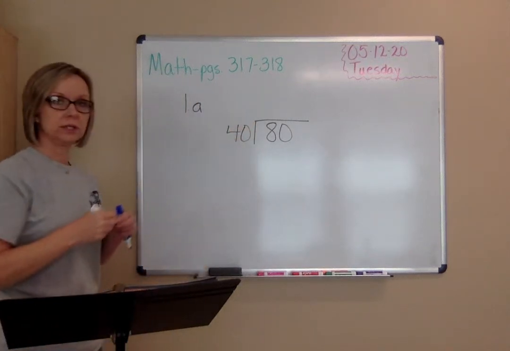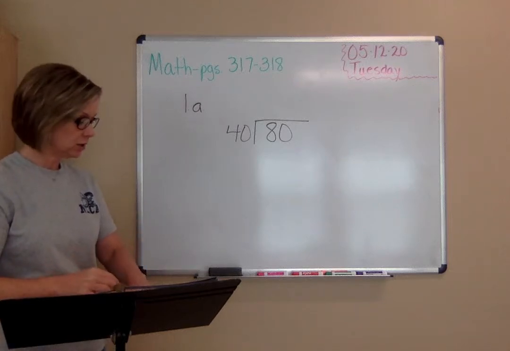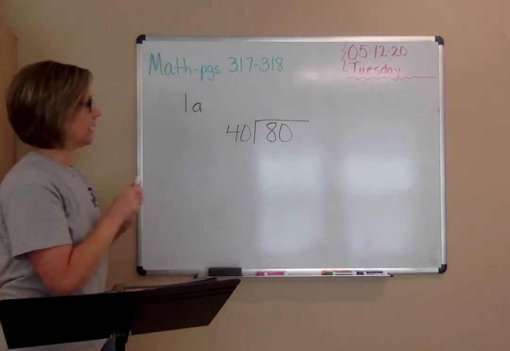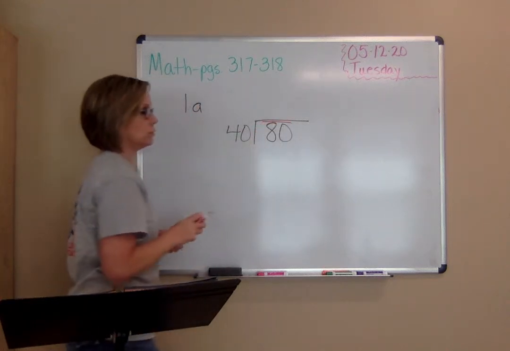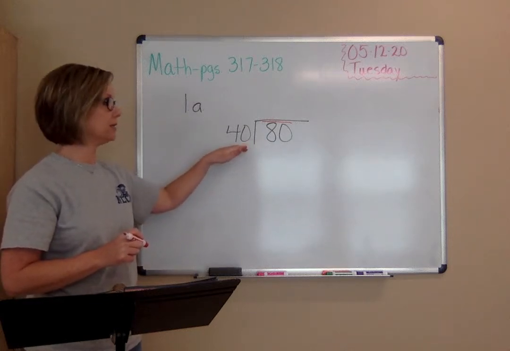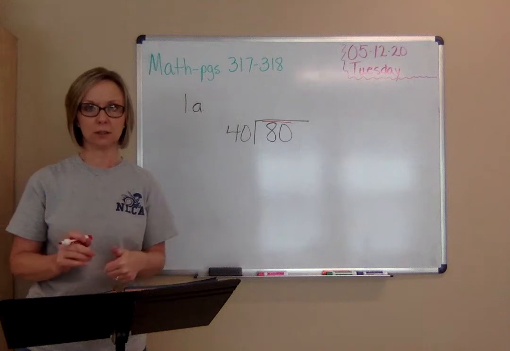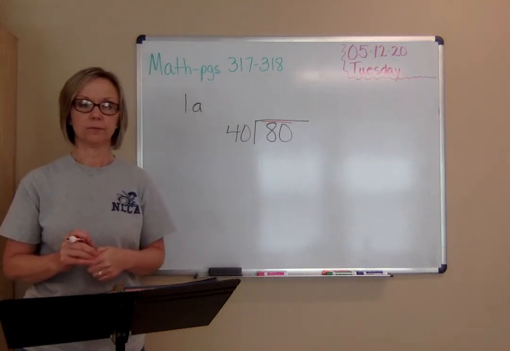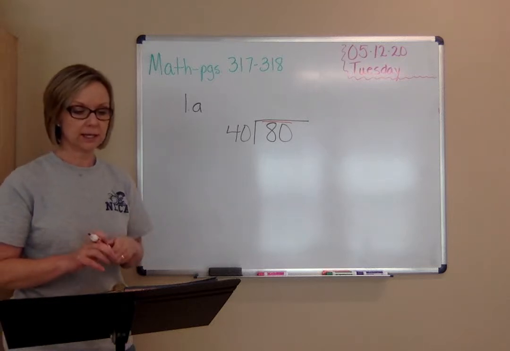So you have a two-digit divisor of 40. So remember, the first thing that they said to do was to draw your line over the entire number to remind you that you're working with 80. You're not just working with 8 divided by 40. That can't even work. 8 is significantly smaller than 40.